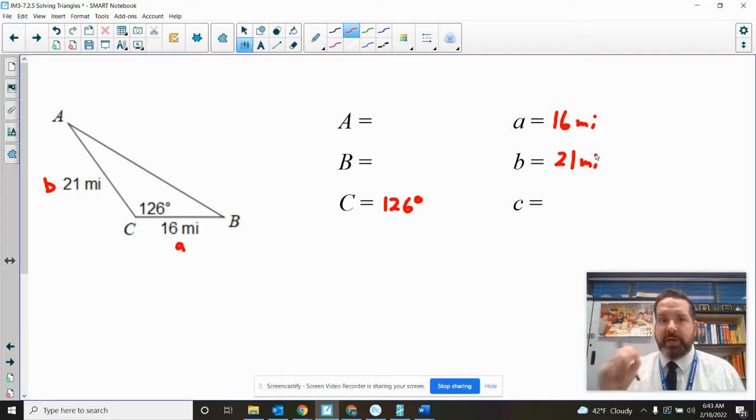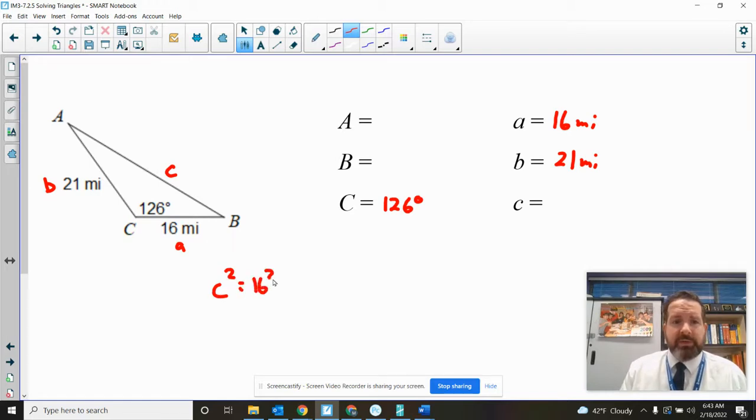No, we do not. Okay, we're going to have to go law of cosines on this then. So the angle I have is across from the side I don't know. This needs to be the side that is over here in my law of cosines. So c squared is a squared plus b squared minus 2ab times the cosine of c.